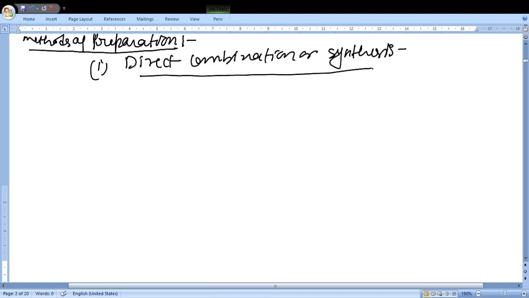What does it mean? That A plus B gives AB. This is a direct combination, that is irreversible combination of two or more reactants to form a single product, and the reaction does not get reversed, right?